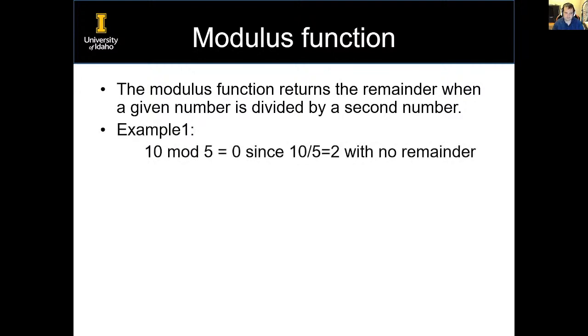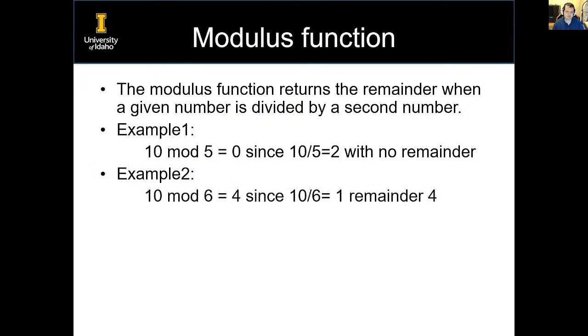So here's an example for you. 10 modulus 5 is 0. The reason why is 10 divided by 5 is 2, but there's no remainder. That's what we're looking at there, the no remainder. Example 2, we have 10 modulus 6, and that gives us 4, because 6 only goes into 10 once evenly, and then it has 4 left over.